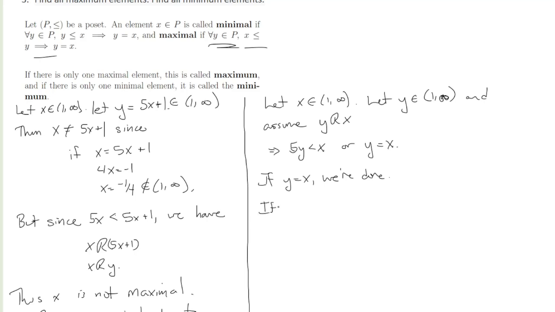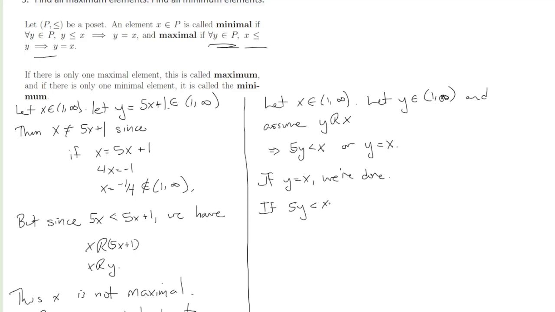If 5y is less than x, when does that happen? Can we find something to make that happen? Like, x is the fixed thing here. Can we show that for every y, no matter what y is, 5y is less than x?